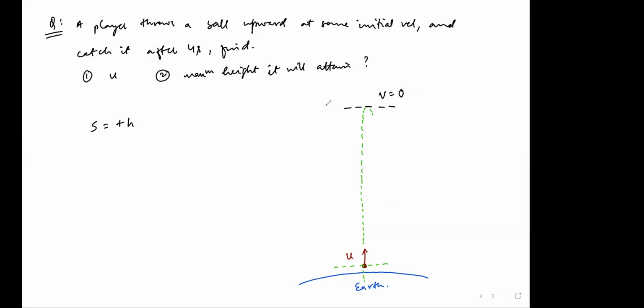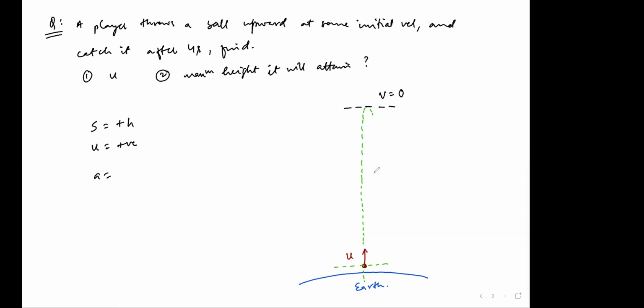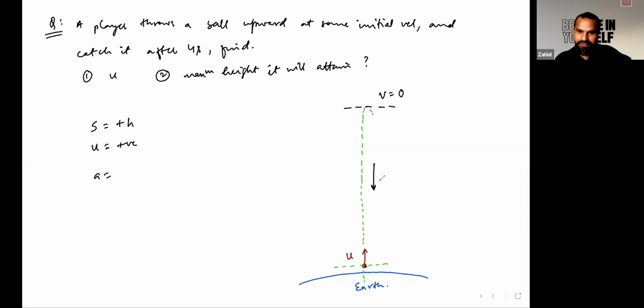Good. u in the upward direction would be positive. And acceleration g would be negative or positive? Negative, as gravity always acts in the downward direction. So we take acceleration to be minus g, minus 10 meter per second square.